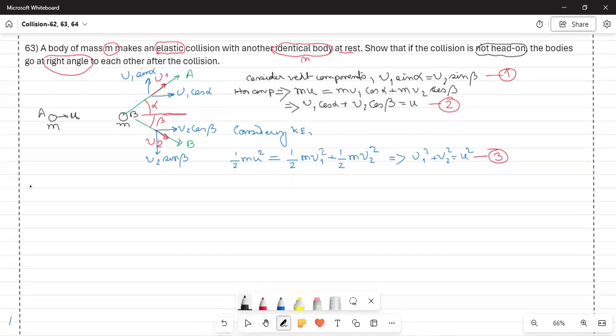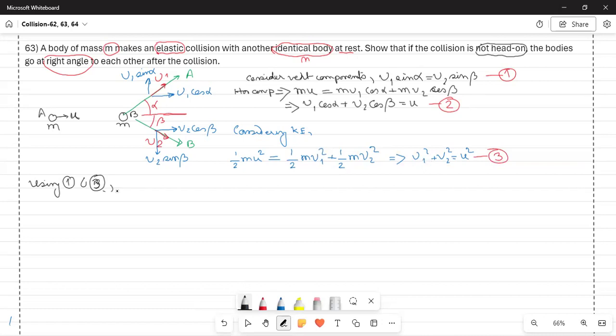Now, I write this way, using relation 1 and relation 3. Using relation 1 and 3, what do you find? Relation 3 is v1 square plus v2 square.